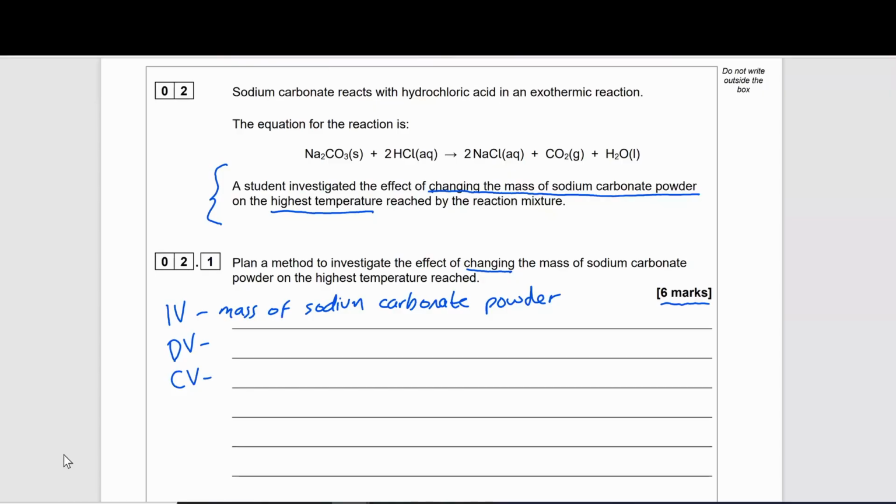Our dependent variable, again, can also figure it out from reading the information here. So we are going to have to measure temperature, or specifically the highest temperature of the reaction mixture.